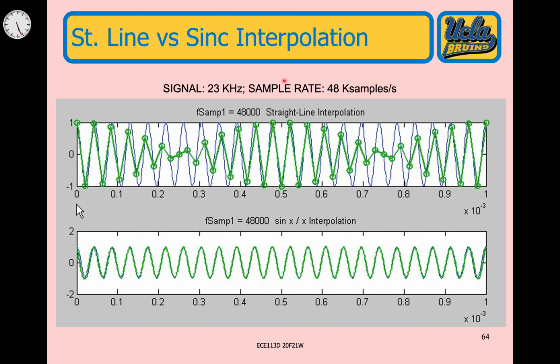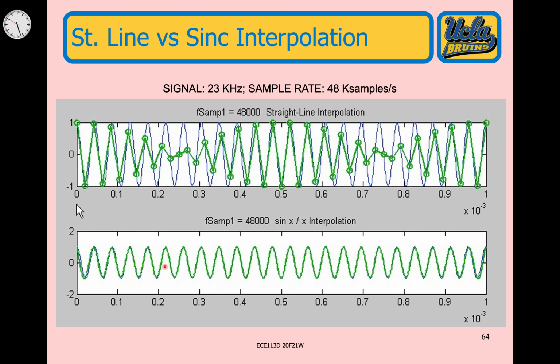That means the Nyquist is 24, so 23 is less than 24. But when you do straight line interpolation, it looks an awful lot like an amplitude modulated signal, and you can actually see this on an oscilloscope.